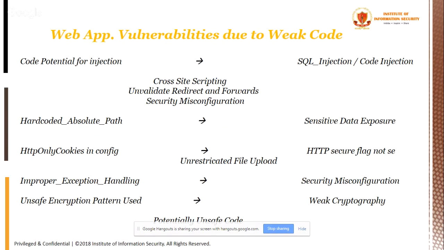The same vulnerability you will get in the source code as the code being potentially vulnerable to injection. When our source file says there is potential for injection, we have to manually check how the code is running, which variable is the potential for injection, and which line is the potential for injection.